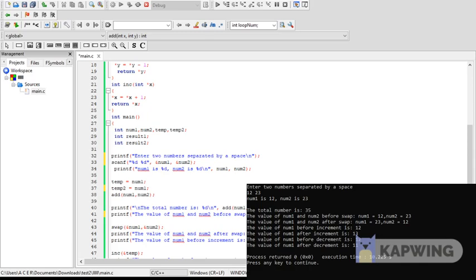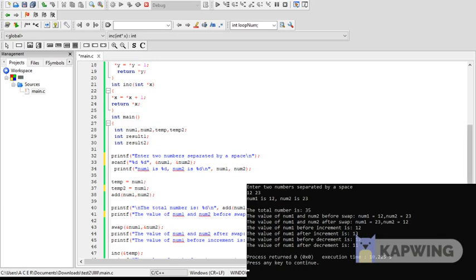So the output will scan these numbers, and the printf shows number 1 is the value I have put, that is 12 and 23. So the temporary number 1, temporary number 2, temporary number 1, add number 1, add number 2.